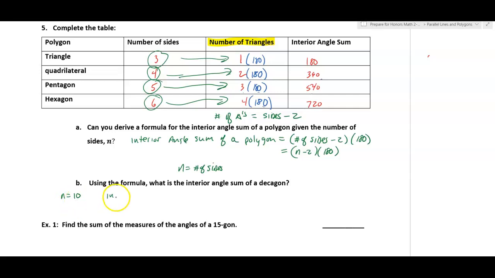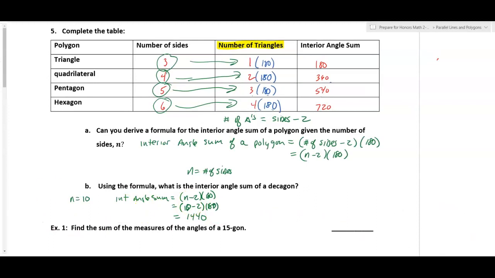So if n is 10, the interior angle sum would equal n minus 2 times 180, which ends up being 10 minus 2 times 180, and 8 times 180 will give you 1440. So if you were to draw a decagon and add up all the angles inside the decagon, you would get 1,440 degrees.